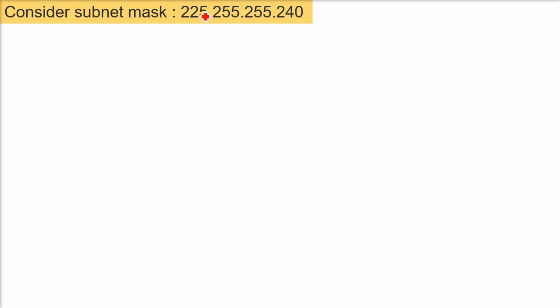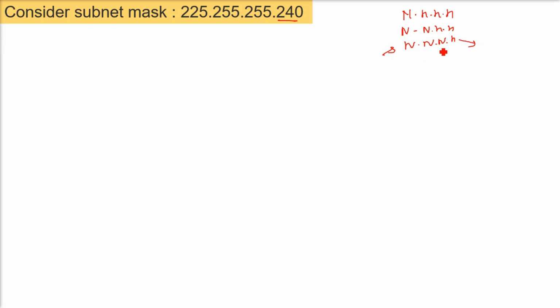Now consider this subnet mask. So we have all the octets filled. 3 are with ones, 240 the last one. So class A: network host host host. Class B: network network host host. Class C: network network network host. So this is the formation for class A, B and C if this is the subnet mask.